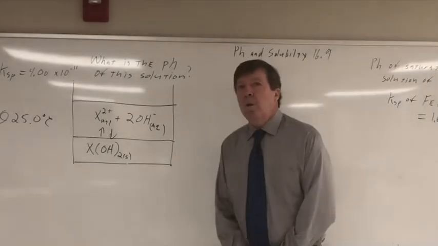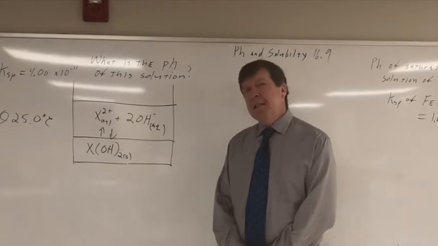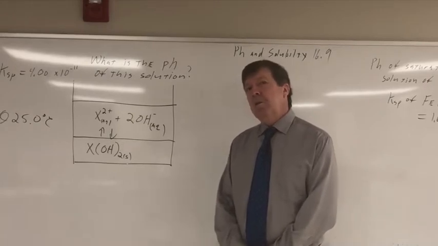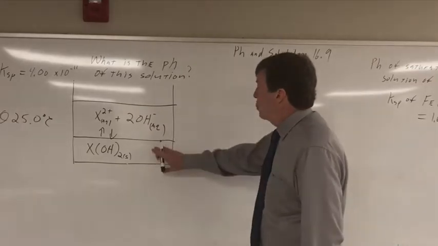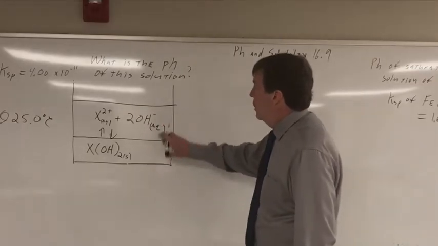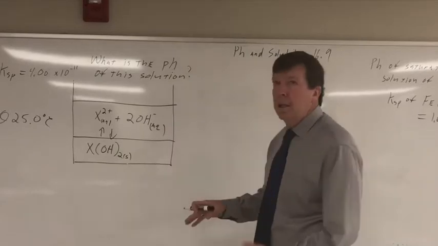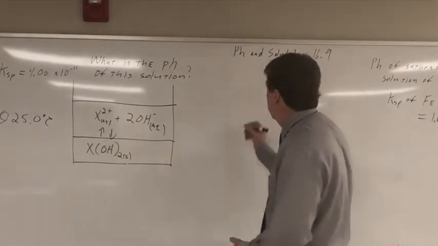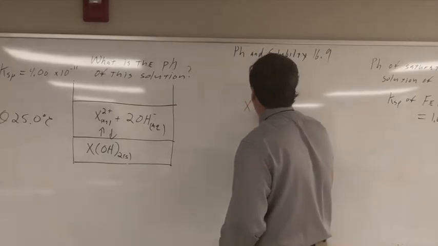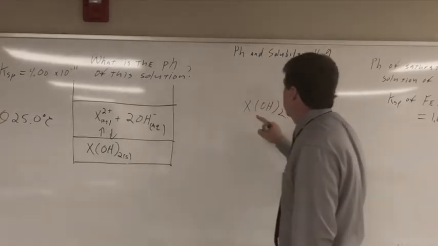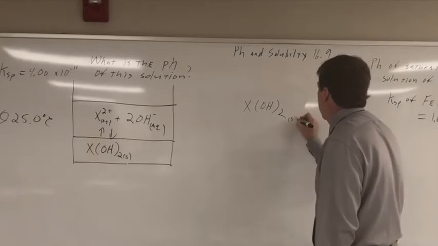Now from your homework, I want to see if you can do this on your own without guidance here. I'll start you off. Let's write this solubility situation in a more traditional form. So I'll start you off here with X hydroxide. That would be X(OH)2, and that's going to be a solid.